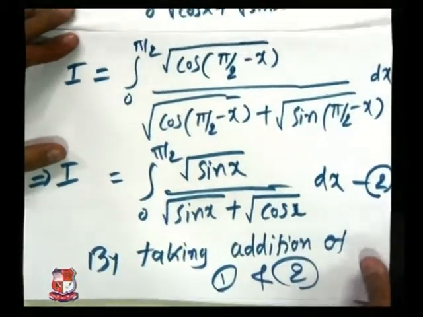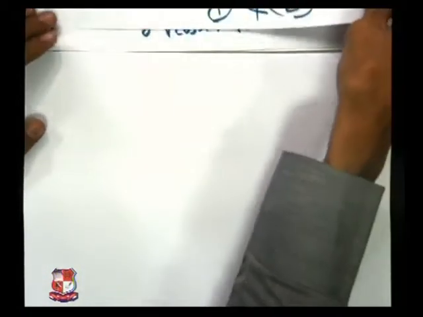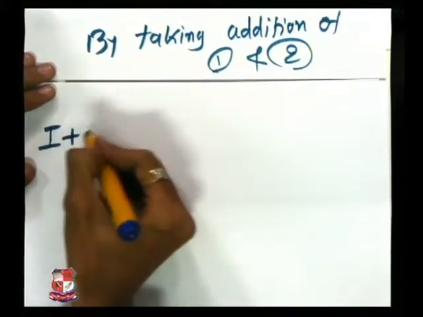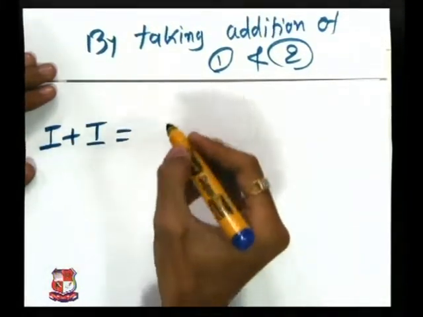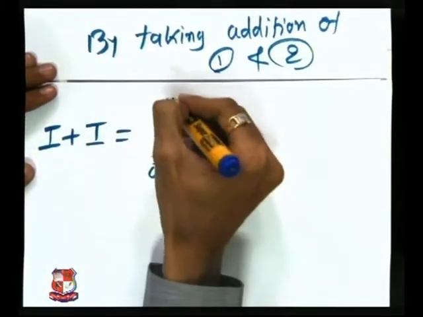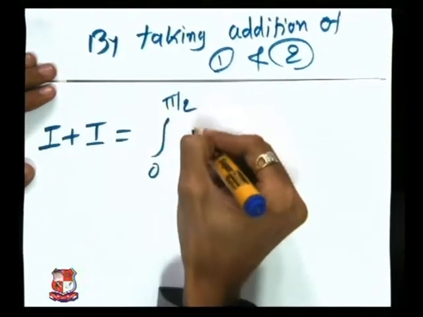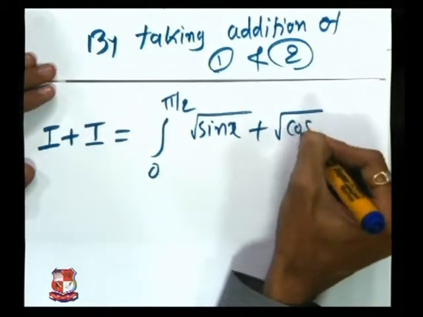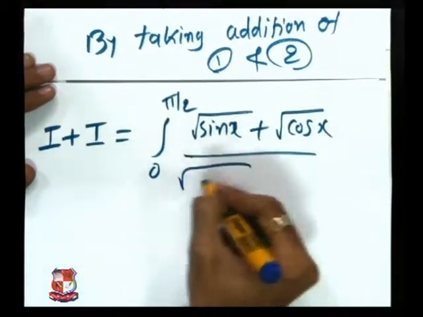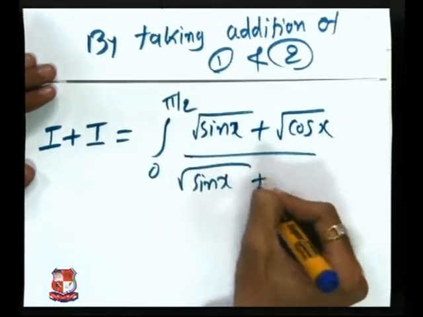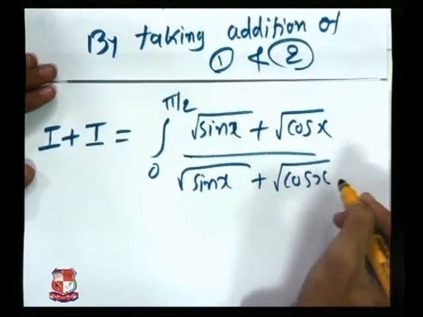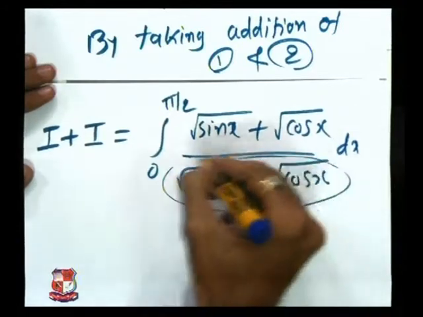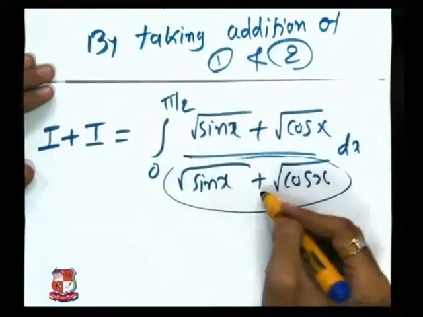So I plus I is equal to the integral from 0 to pi by 2 of root sin x plus root cos x upon root sin x plus root cos x dx, because this is the denominator which is the same in equation 1 and equation 2.